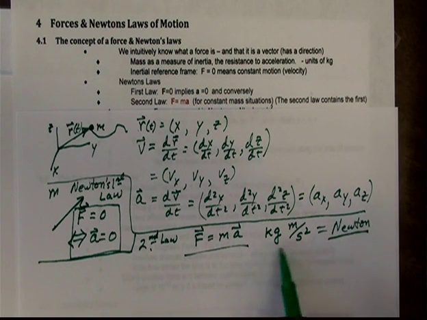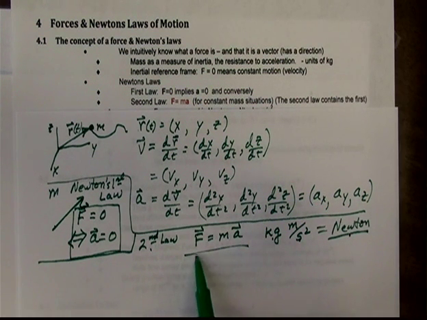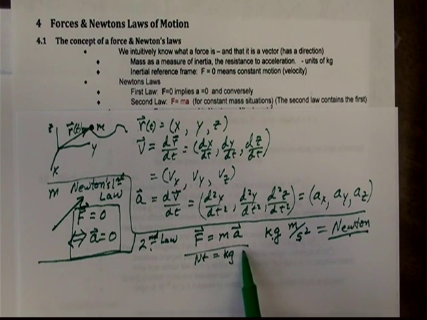If we have a 1 kilogram mass accelerated at a meter per second squared, then the force that it experiences is 1 Newton. And so a Newton of force will give a kilogram an acceleration of a meter per second squared.